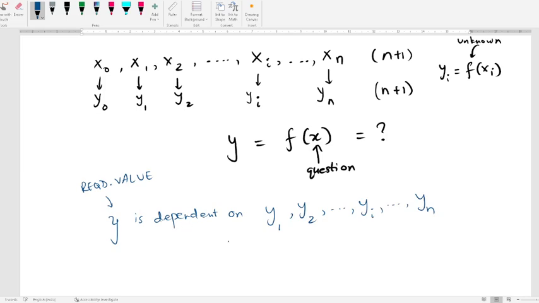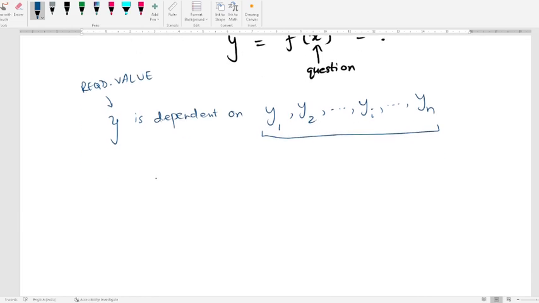So y is dependent on each of these values. Using Lagrange's interpolation formula, we somehow take a weighted average of y1, y2, yi, and yn. This average relies on the concept of barycenter. We can go into the details of that, but let's skip that for another video.